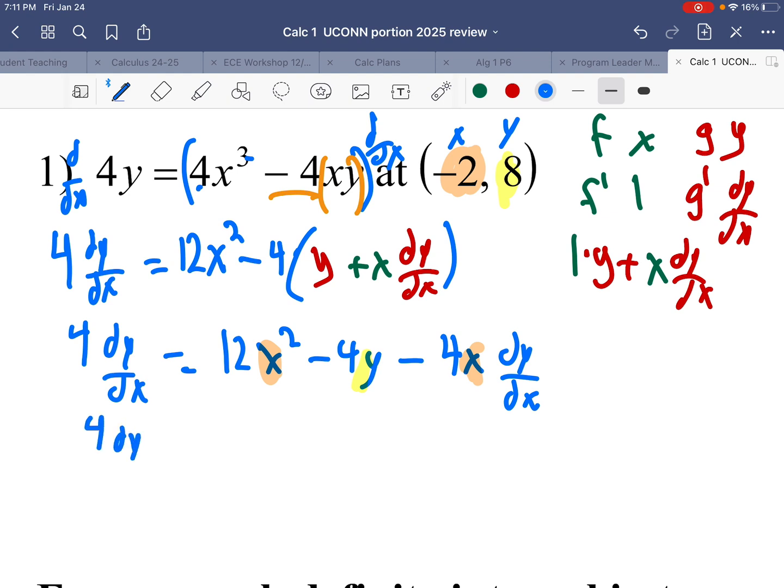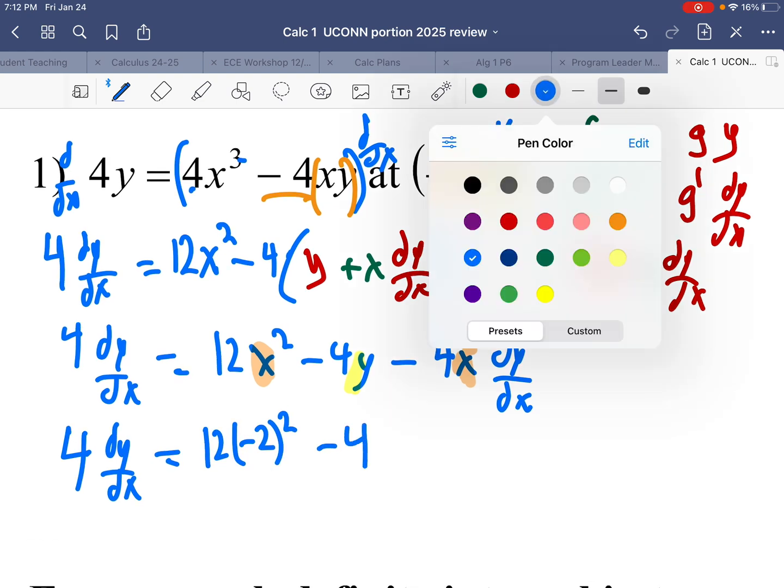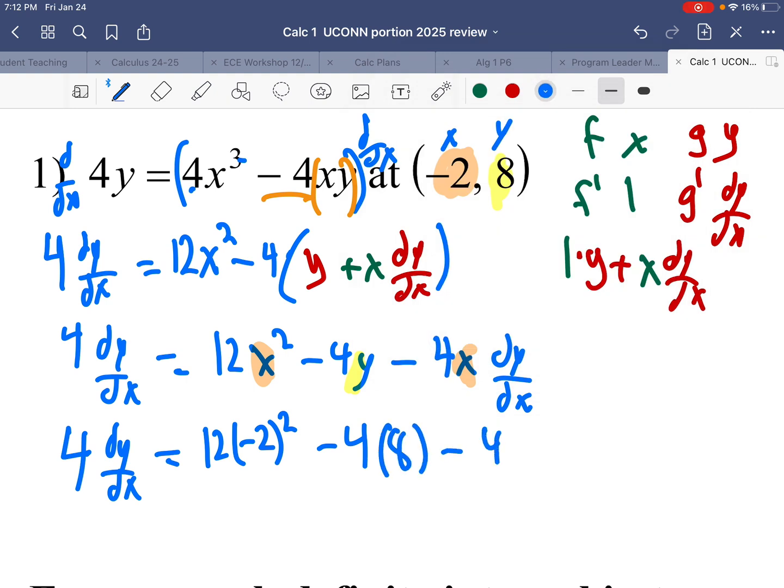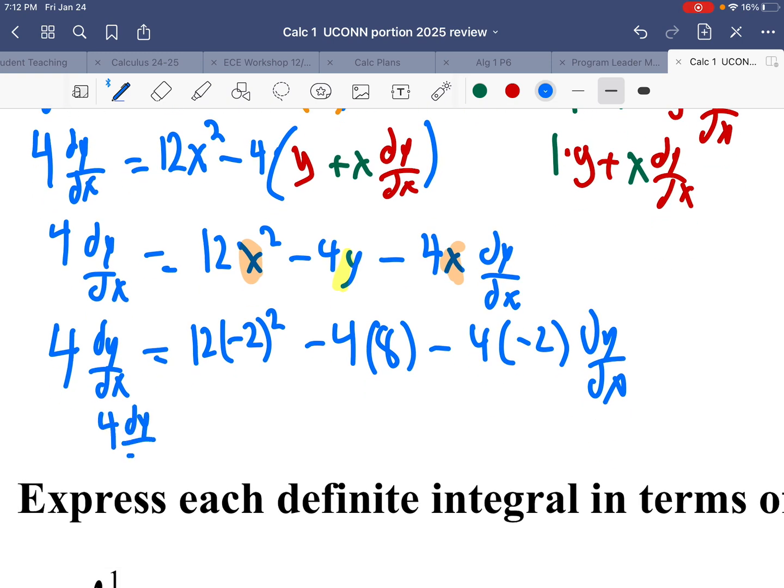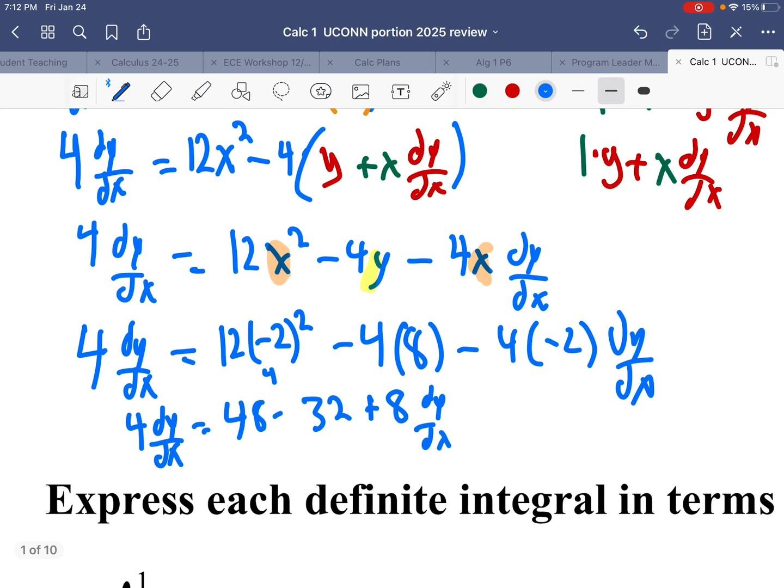So like 4 dy/dx. It doesn't look right. 4 dy/dx equals, this is 12 times negative 2 squared minus 4 times 8 minus 4 times negative 2 dy/dx, or 4 dy/dx equals, this would be 4 times the 12 is 48 minus 32 plus 8 dy/dx. 48 minus the 32 is going to be 16.